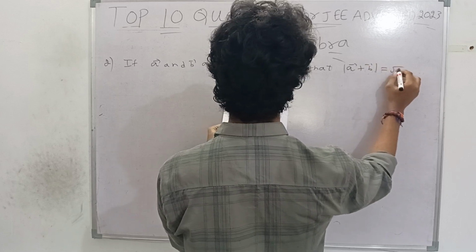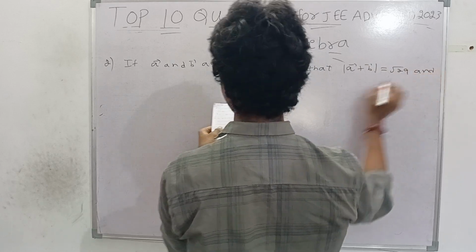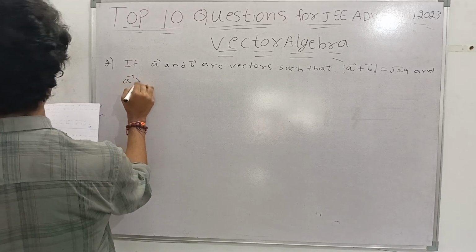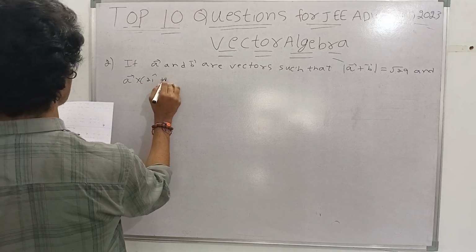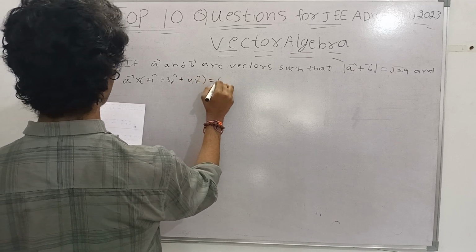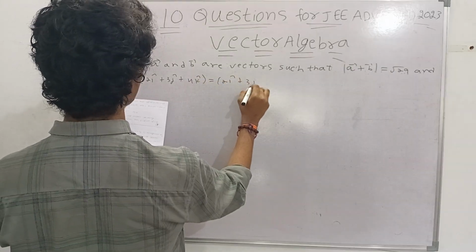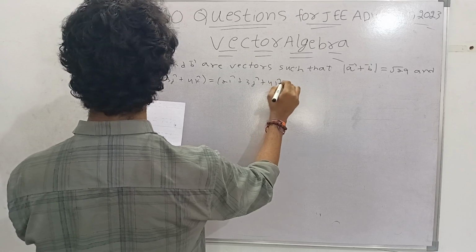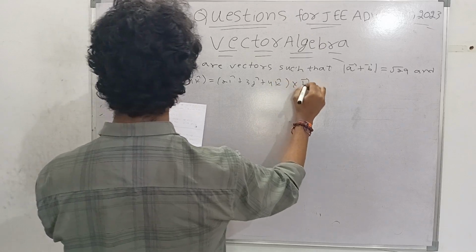The magnitude of a bar plus b bar equals root 29, and a bar cross 2i cap plus 3j cap plus 4k cap equals 2i cap plus 3j cap plus 4k cap cross b vector.